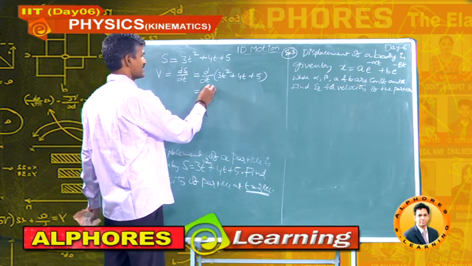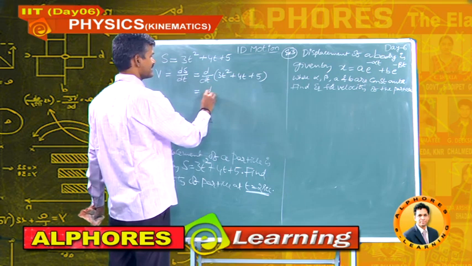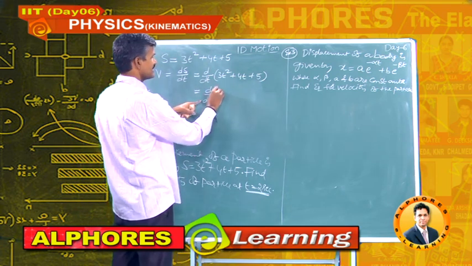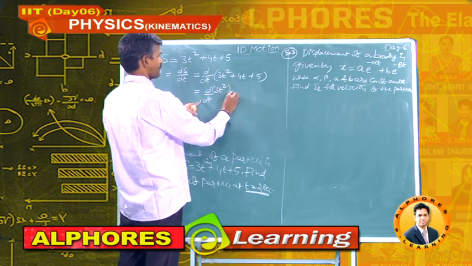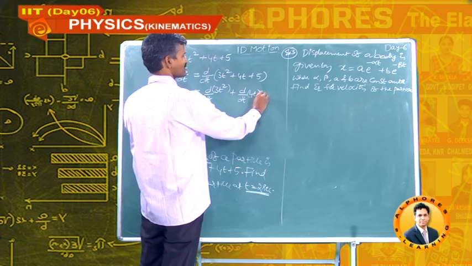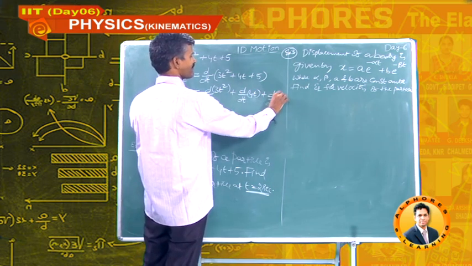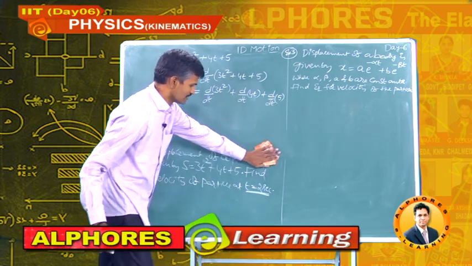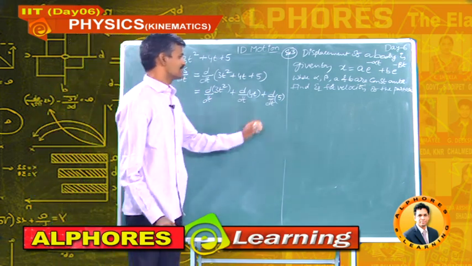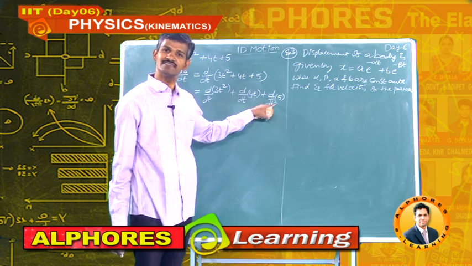This is nothing but taking d by dt for every term: d by dt of 3t square plus d by dt of 4t plus d by dt of 5. We know that the derivative of a constant is 0.